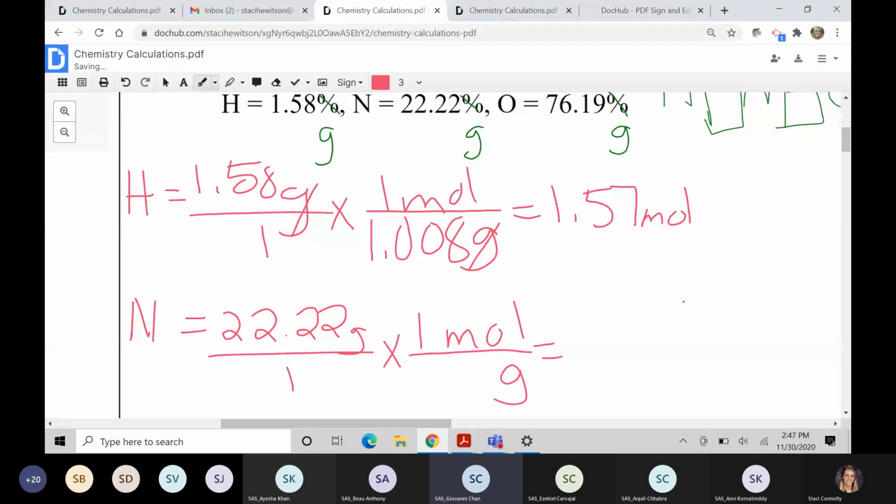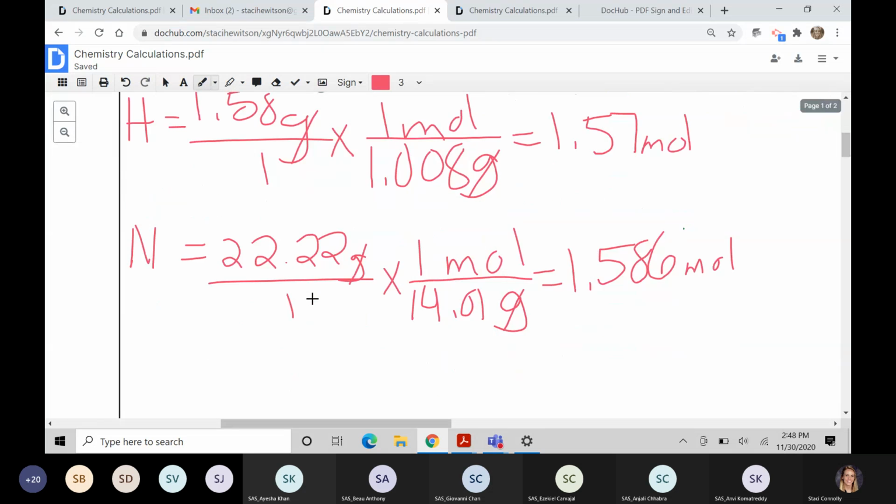All right, and since you're here, can you go ahead and divide 22.22 divided by 14.01 and tell us what you get? 1.586009993. Perfect. So let's do 1.586, just to keep it the same sig figs as 22.22. Thank you.